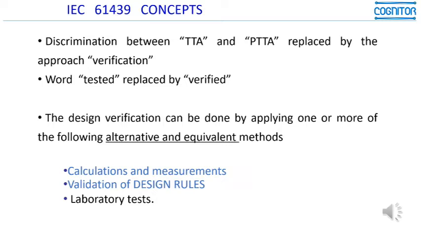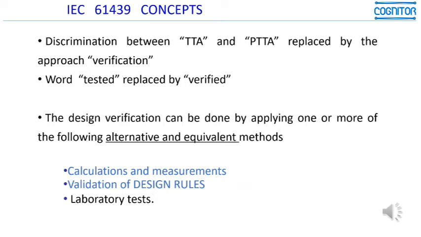These names were not happy names because they gave the impression that PTTA was something worse than TTA. They were replaced by the approach of verification. The word tested was replaced by verified.